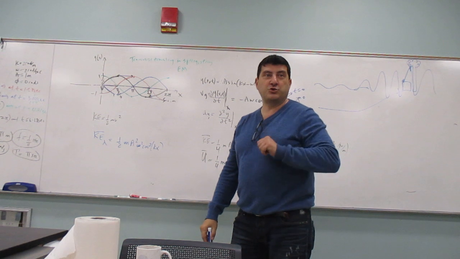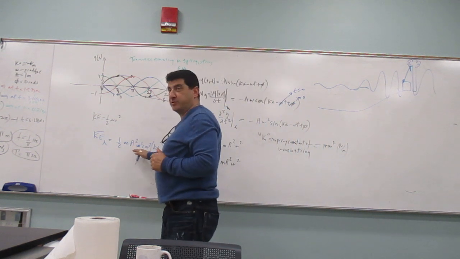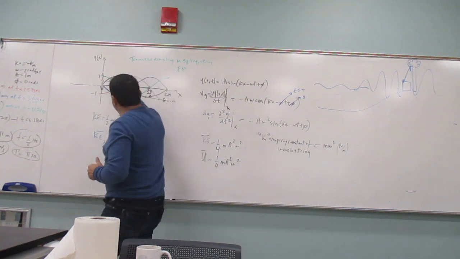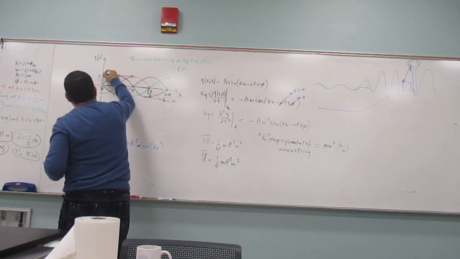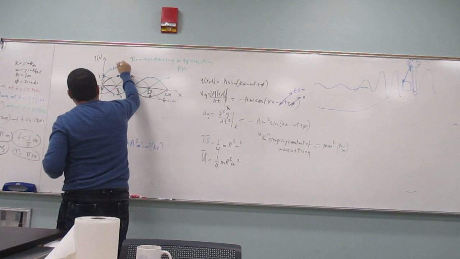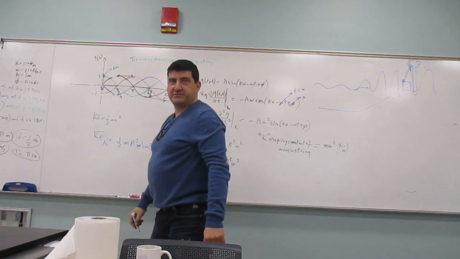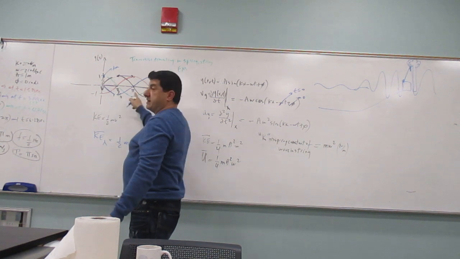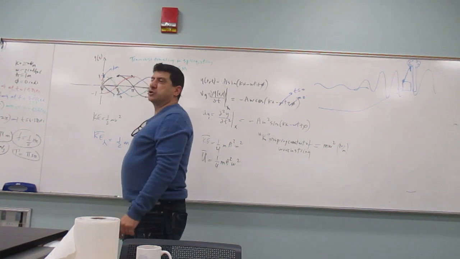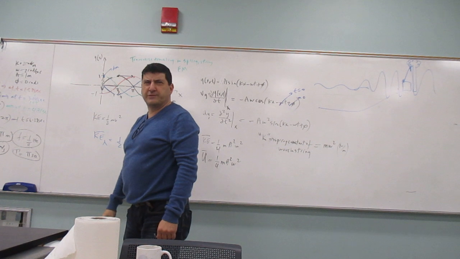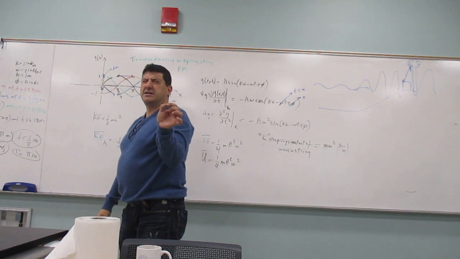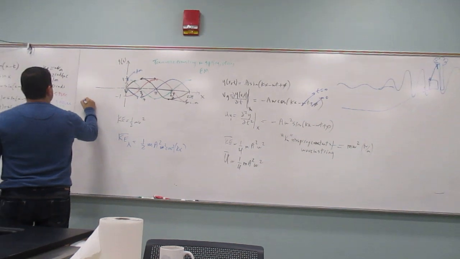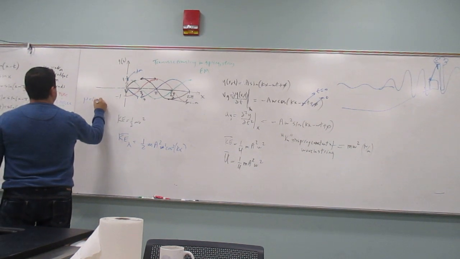Okay, now we introduce something in order to make this integrable. What's m? m is a certain element of the wave which has a mass dm, right? And then I want to integrate that over the full wavelength of the wave. So I introduce something known as the linear mass density of the wave.